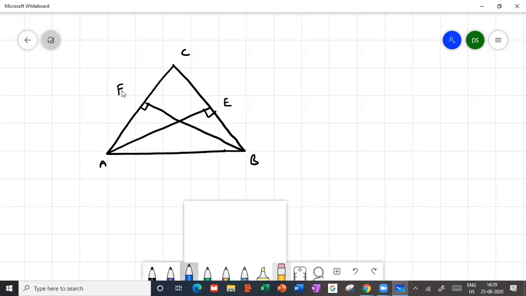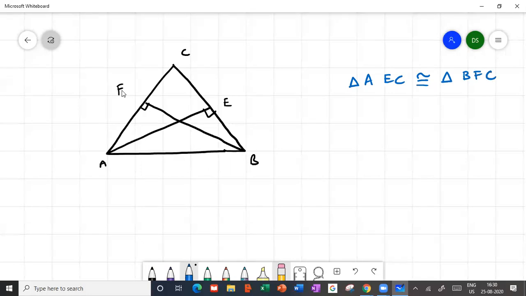Correct. So what I am saying is you can consider these triangles also. AEC, prove that it's congruent to triangle BFC. Correct? If I consider these two triangles, I can consider these angles, right?